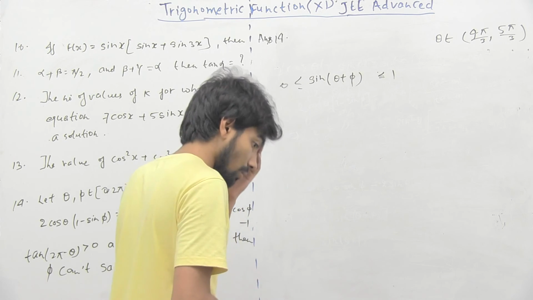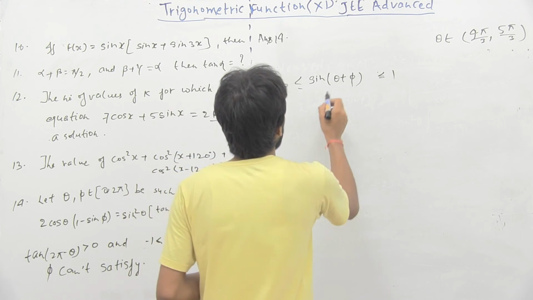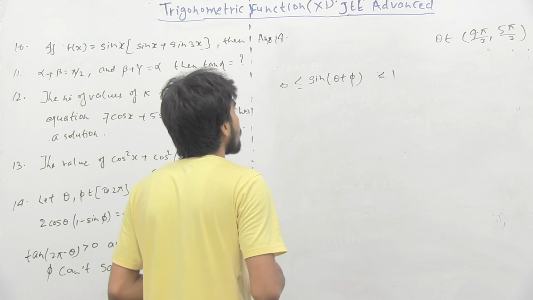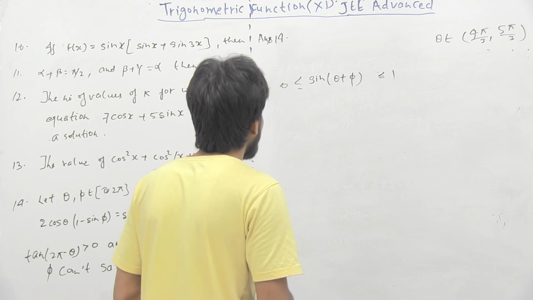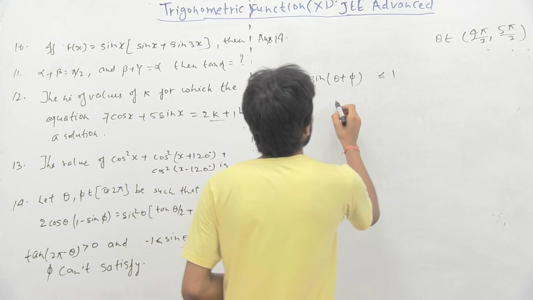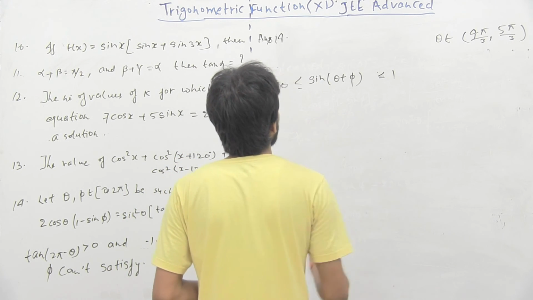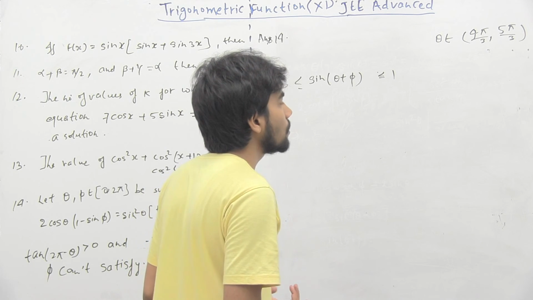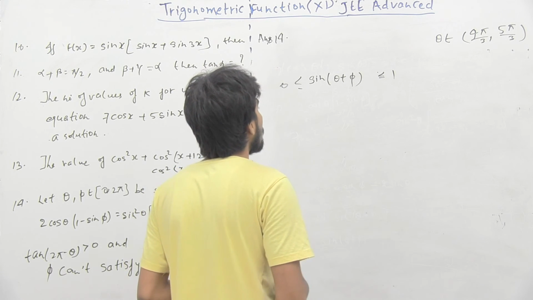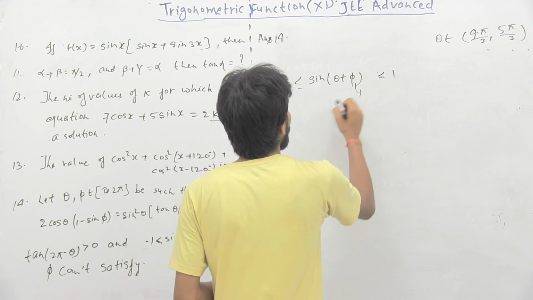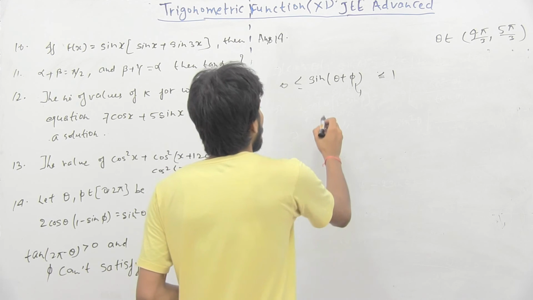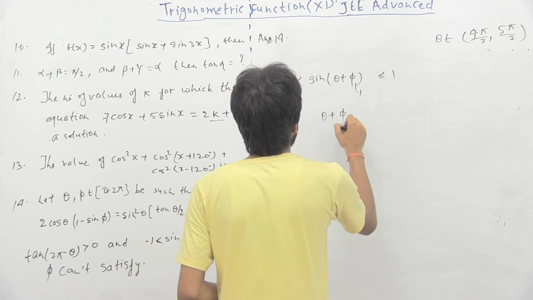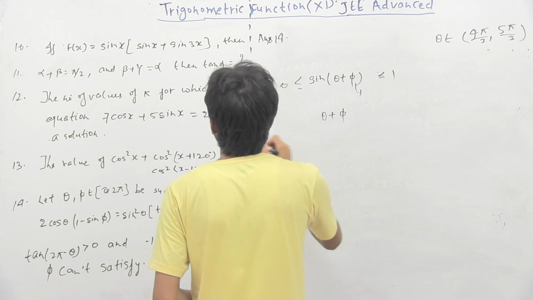Okay. So now sin(θ + φ) is in the range of 0 to 1. So our solution is, for any value of φ or θ, it can be like θ plus φ.